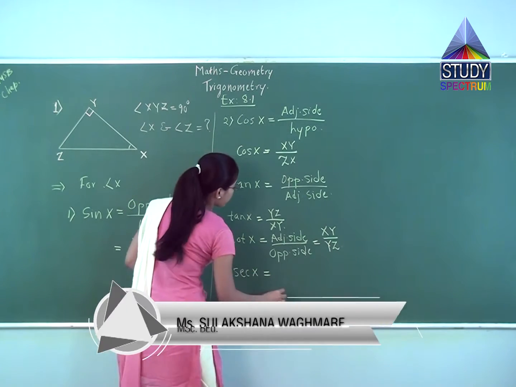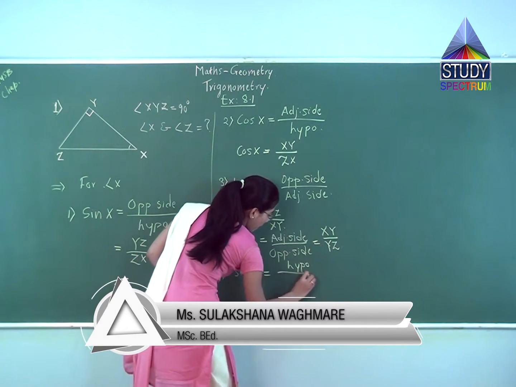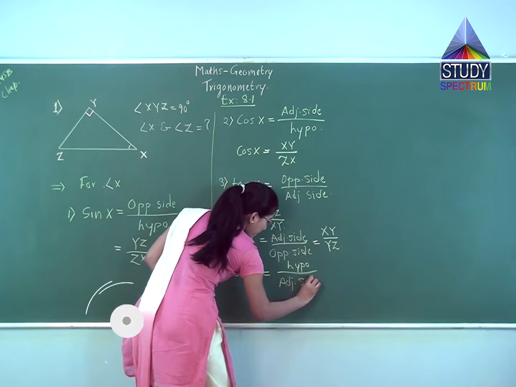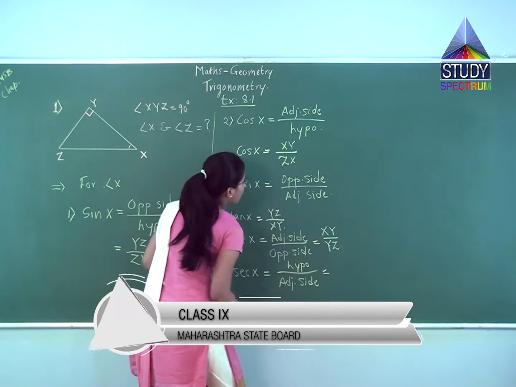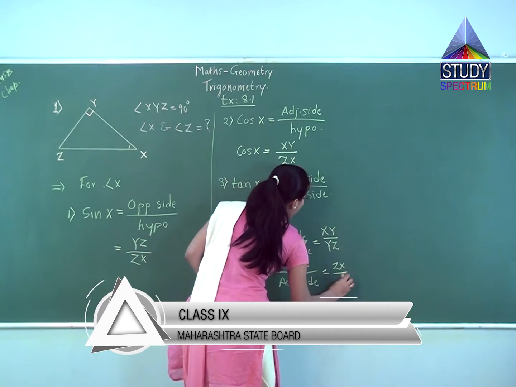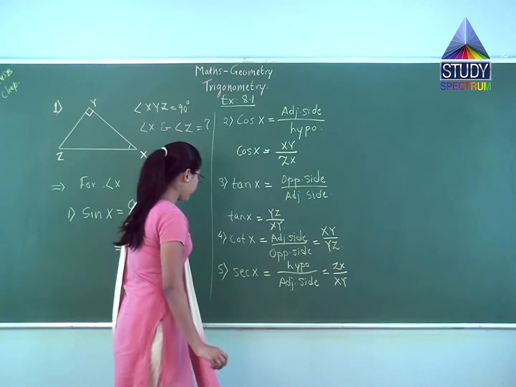So the formula is hypotenuse upon adjacent side. So it will be ZX upon XY.